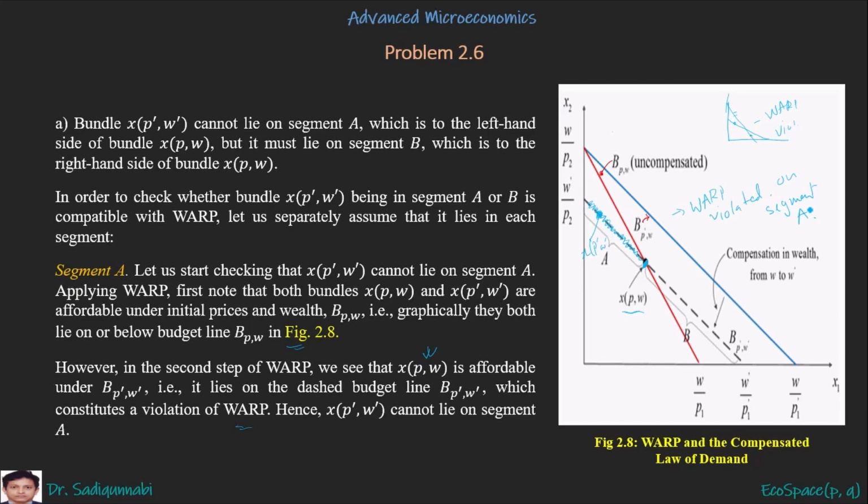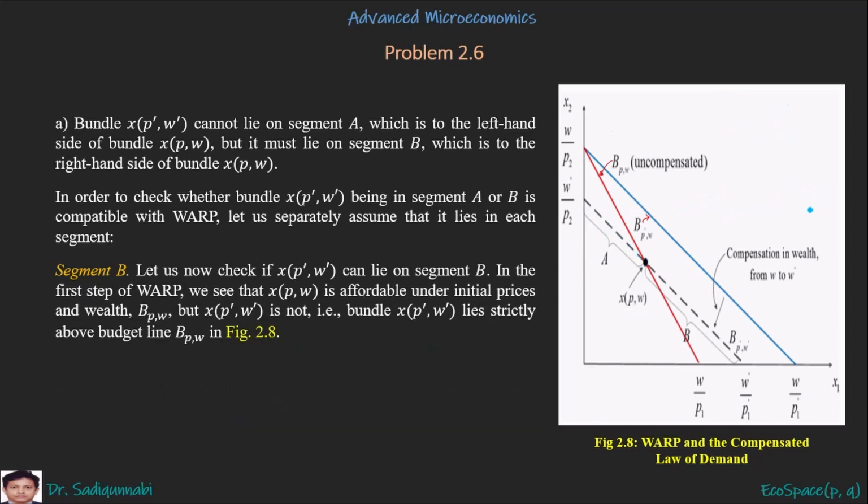What about segment B? x(p prime, w prime) can lie on segment B. Why? Suppose x(p prime, w prime) lies here, but this is not affordable because it is lying above the red line.